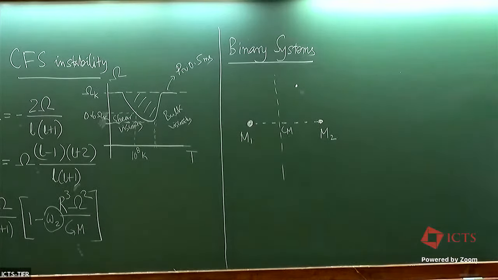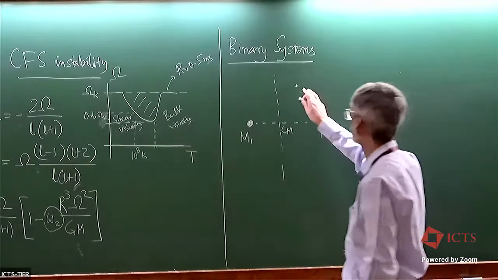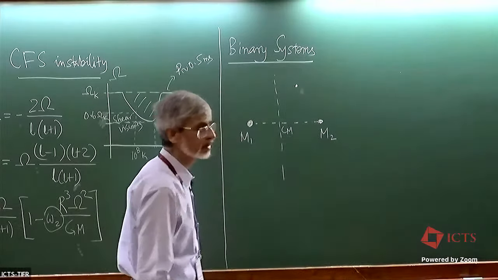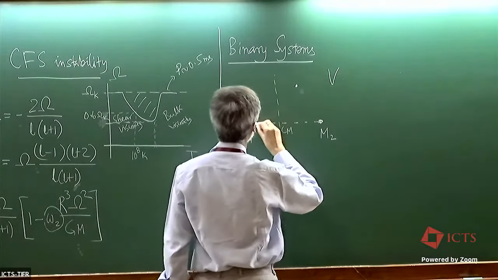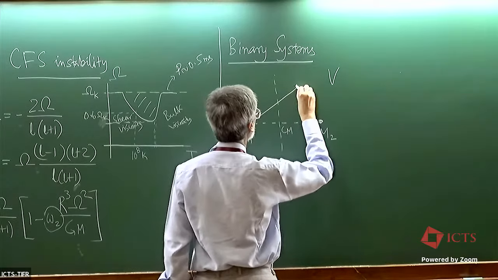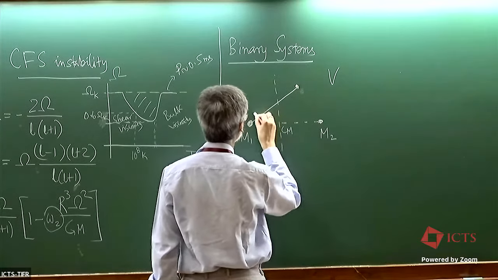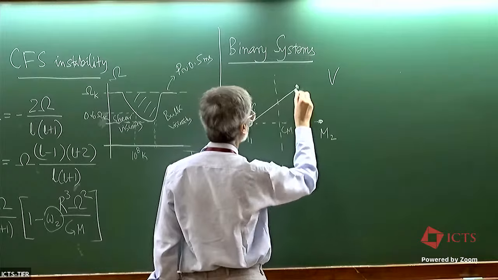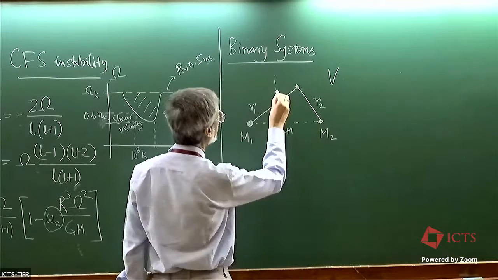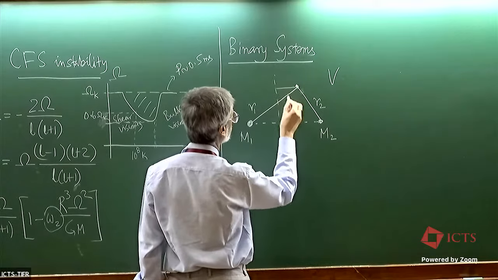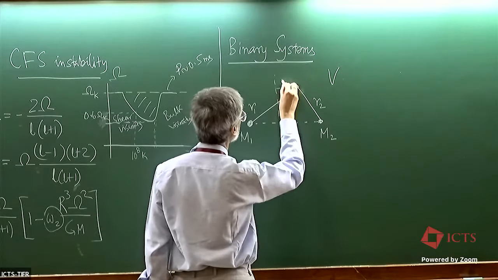So take a point which is co-rotating with the binary system and ask what is the potential that the observer there will experience. So let's say the distance of this point from M1 is R1, from M2 is R2, and from the common rotation axis, it is R3.